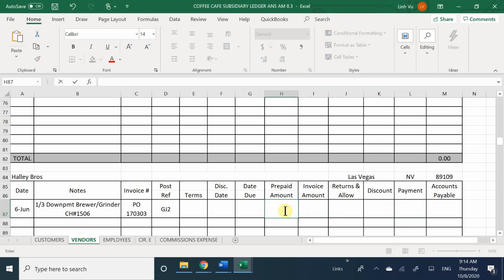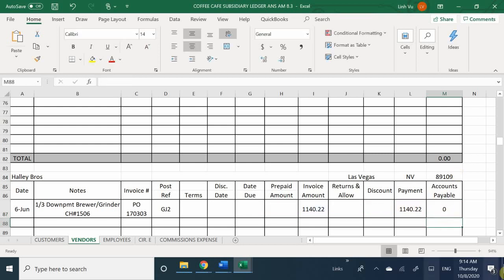So that's going to be your actual invoice amount because again, you're actually paying this amount off. So my payment is going to reflect this. Therefore my formula is actually going to be my invoice amount, subtract my prepayment, subtract my returns and allowances, subtract my discount, subtract my payment.